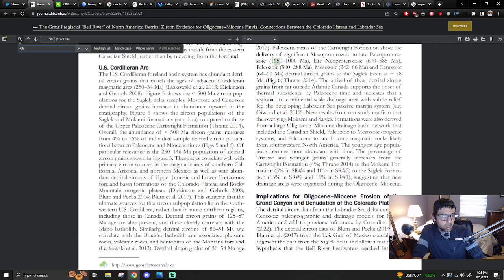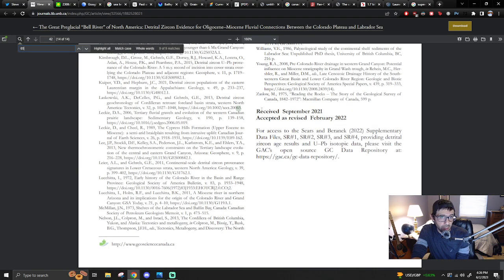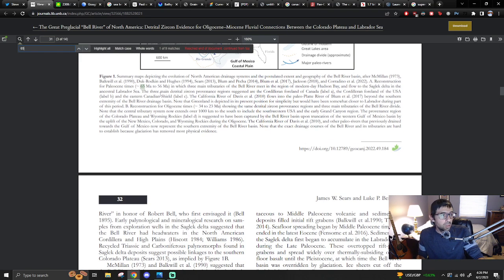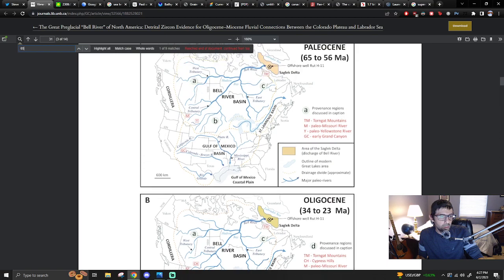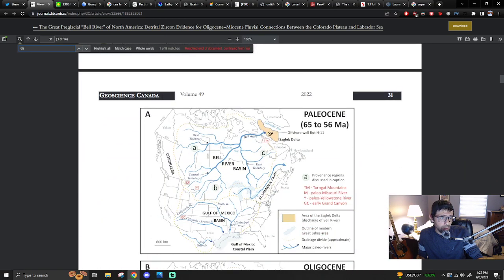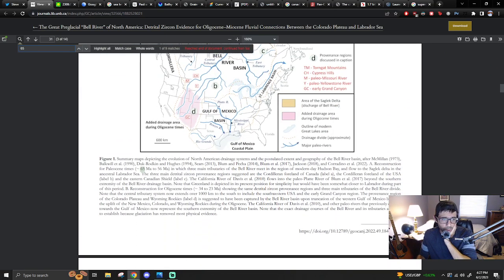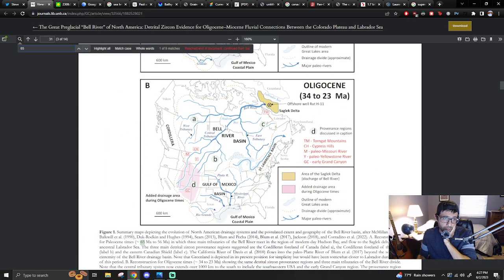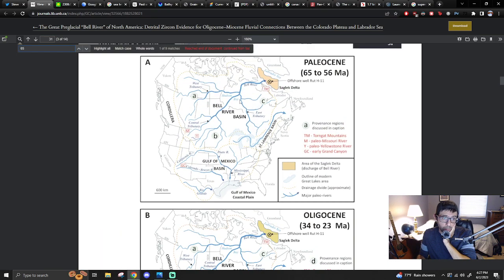Let's see. Let's find any reference to that number. Here's these. I'm not completely sure beforehand what was happening. I mean, to me, what this is saying, if 65 million makes a lot of sense for there to just be this drainage to here and over here and down here. Why is it draining?